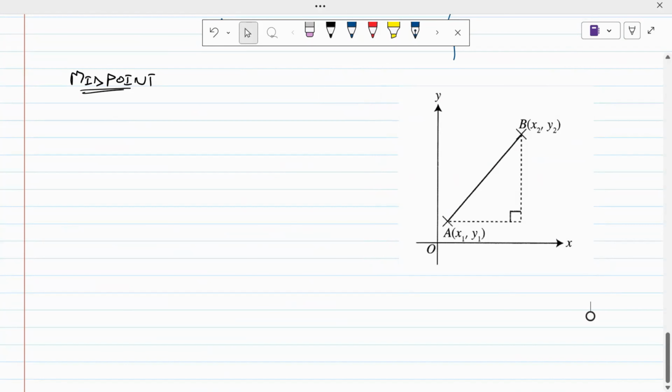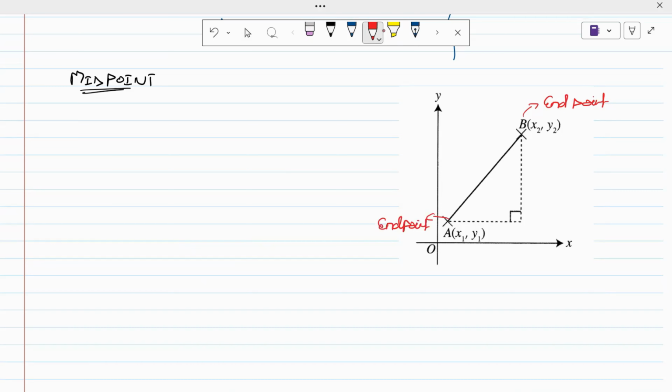We have to find the midpoint here. So if A and B are the endpoints of the segment, and this is also the endpoint of the segment.